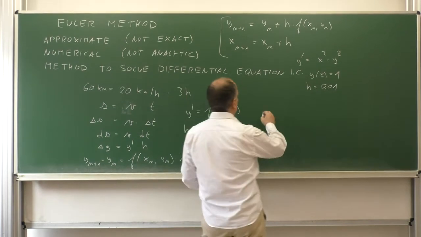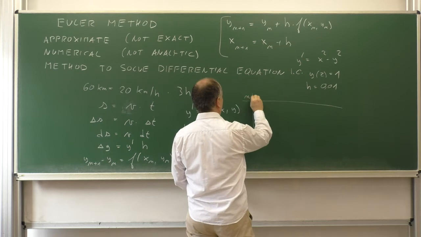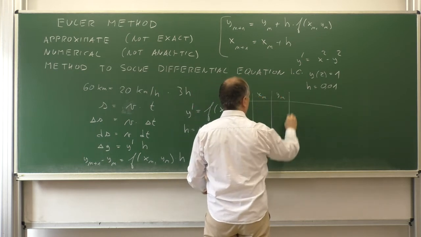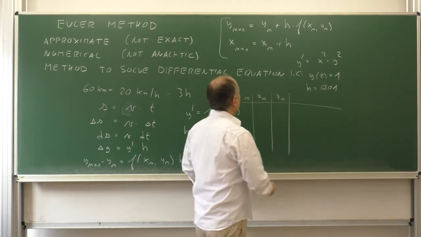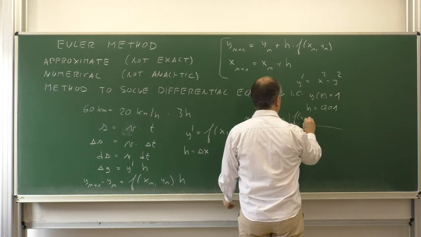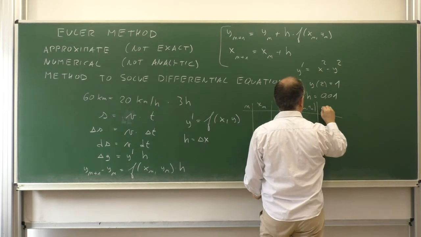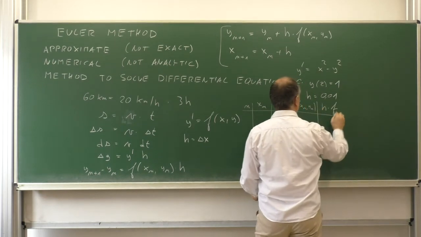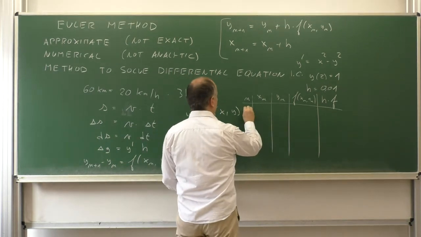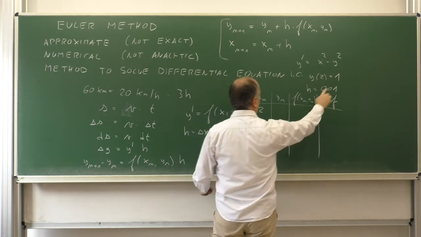Now it's a good idea to prepare a table where for different n we write the x values and the y values. Then we evaluate the right hand side, f, and we multiply this f by the step size h. So let's start with index 0, where x0 is 2 and y0 is 1.